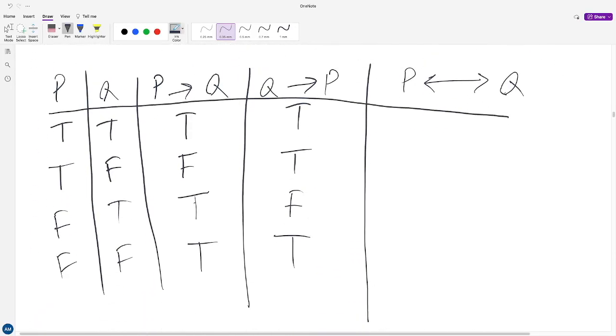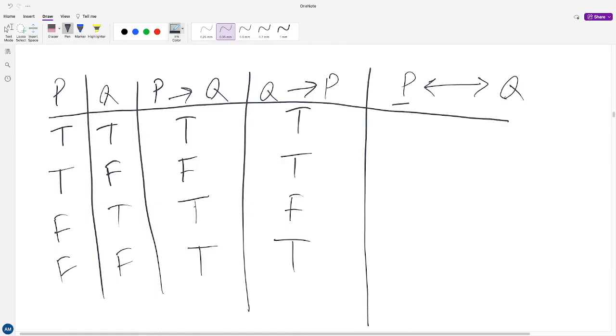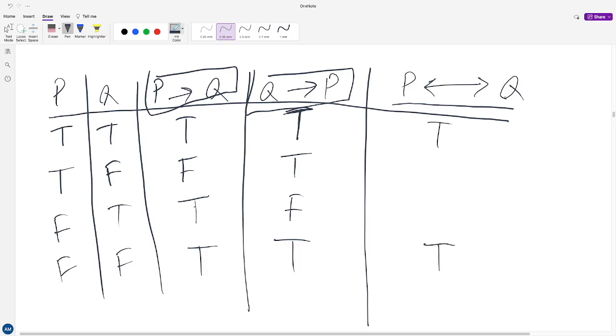So this biconditional statement will be true exactly when this is true and this is true. And that's this first row right here and this last row right here. It's false everywhere else.